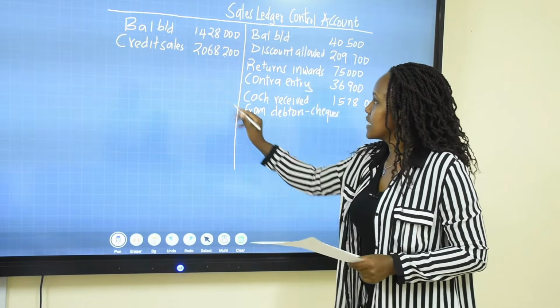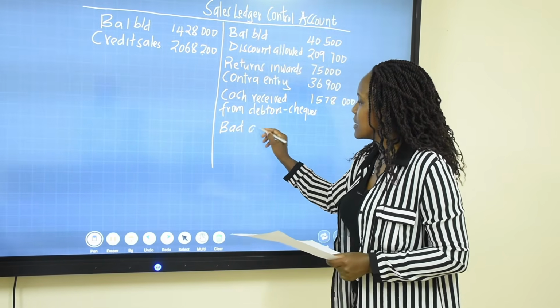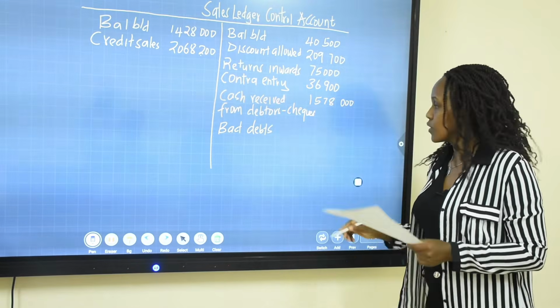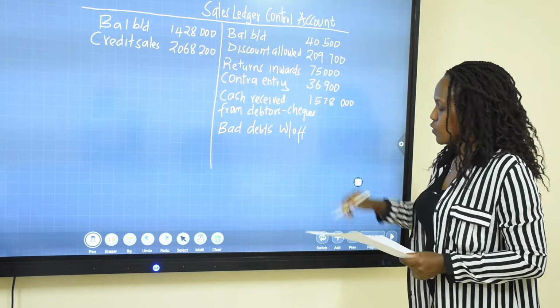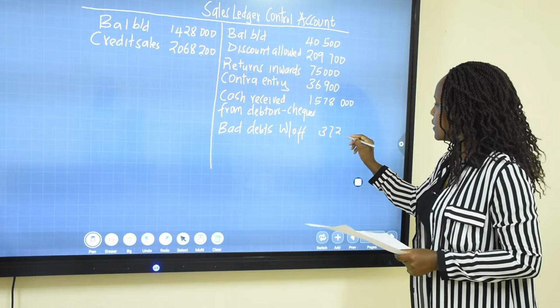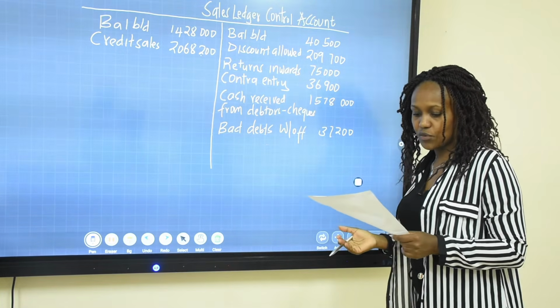Some of the debtors to whom we sold on credit, some of them have been declared as bad debts. So we are going to write off the bad debts, here being 37,200, which is the amount of bad debts that is written off.